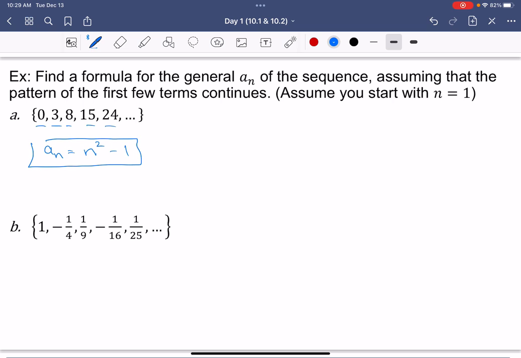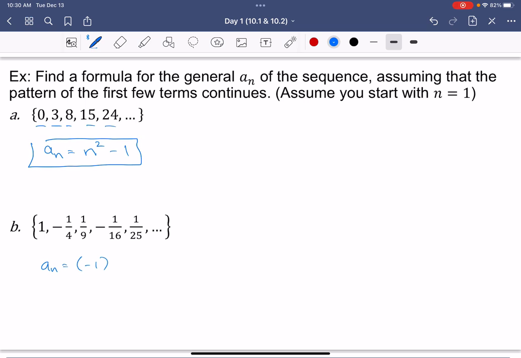On part B, you have 1, negative 1/4, 1/9, negative 1/16, and 1/25. First thing I notice about this one is something we talked about a little bit earlier in this video: all of these terms are alternating. If you ever see the terms alternating, remember, that's going to bring back negative 1 raised to a particular power.